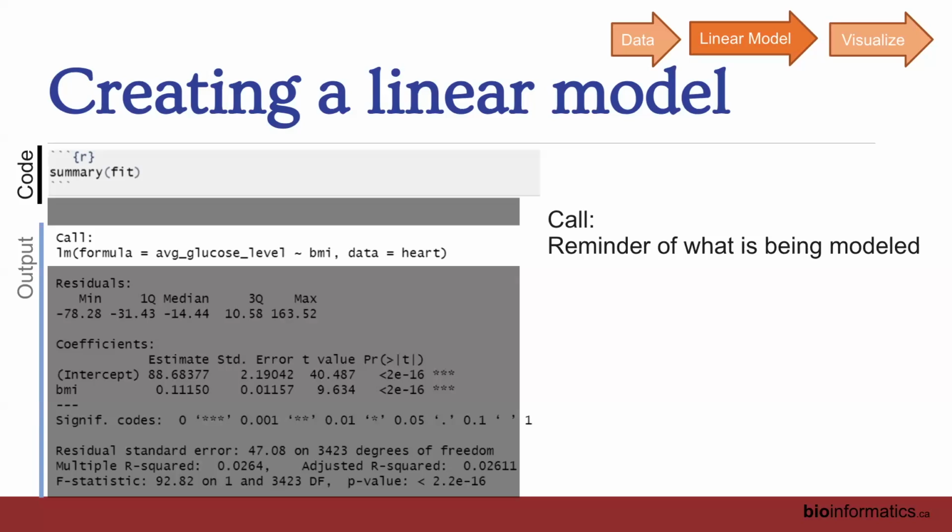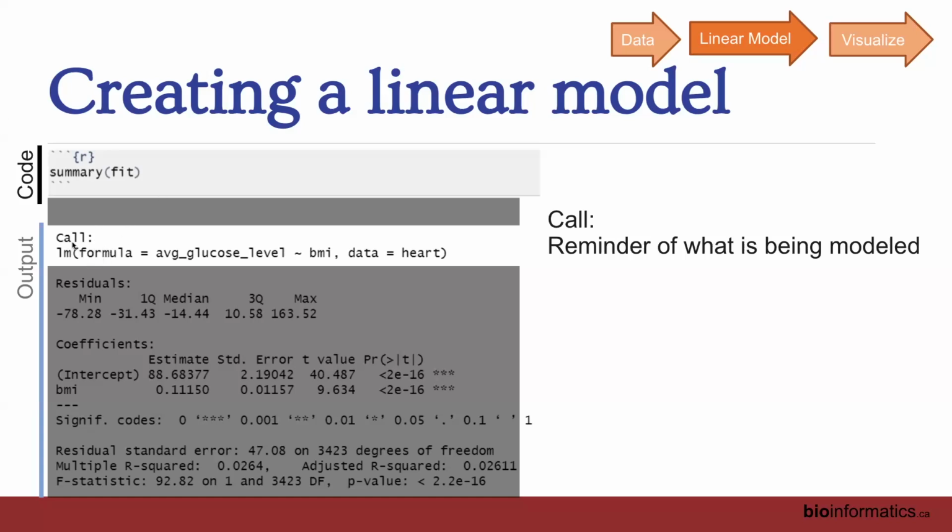The first thing that it's telling you is the call. It's a little bit like notes at the start of the report. When you're doing summary fit, you might be making a bunch of different models, so this is more just record keeping to tell you what was a comparison. Remember that tilde that we looked at earlier? We see it here again.